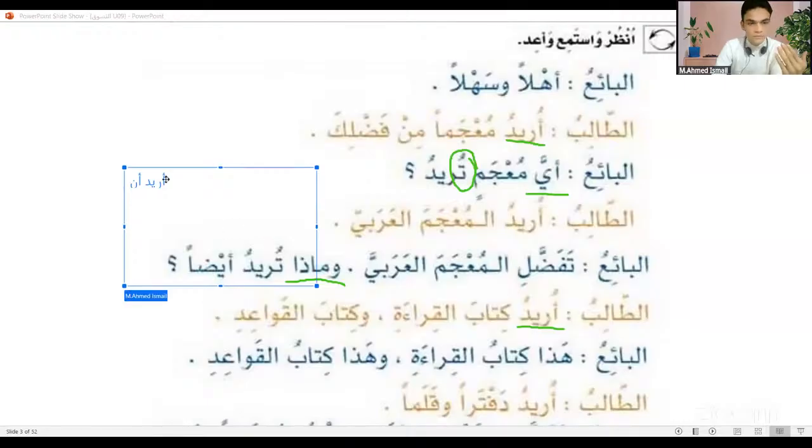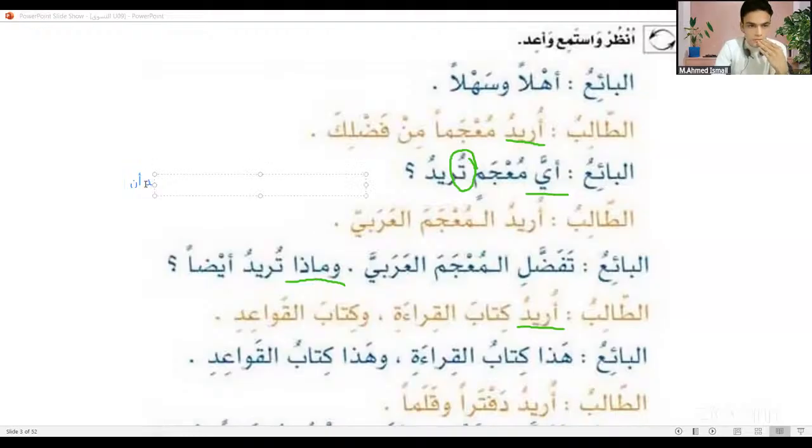أريد أن. If you say a verb after it, you say أريد أن, and that's so important. So أريد أن أكتب, أريد أن أقرأ, أريد أن أشرب. This means I want to write, I want to read, I want to drink, I want to do anything in general, I say أريد أن.